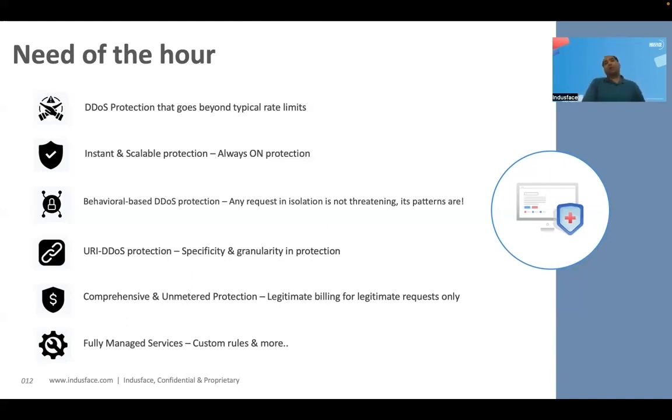As I talked about in the last slide, you cannot just rely on generic rate limits, right? You need to be able to understand the behavior of the requests coming in, and based on that behavior, determine whether a DDoS is happening, and then block it, right?